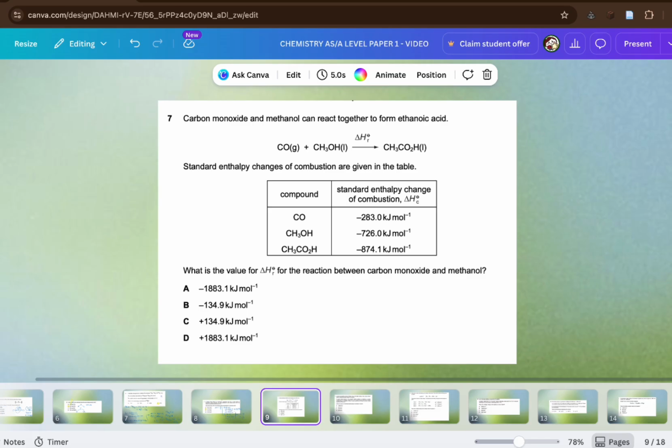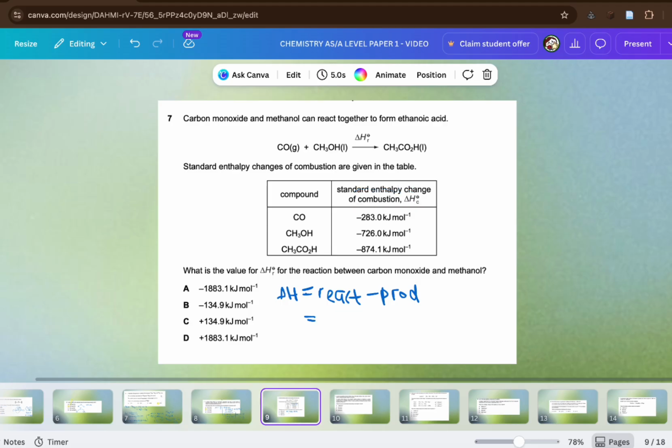Alright, so for this question, we will use the formula: delta H equals reactant minus product. We will use this because the data over here is given as enthalpy change of combustion, which uses this formula.